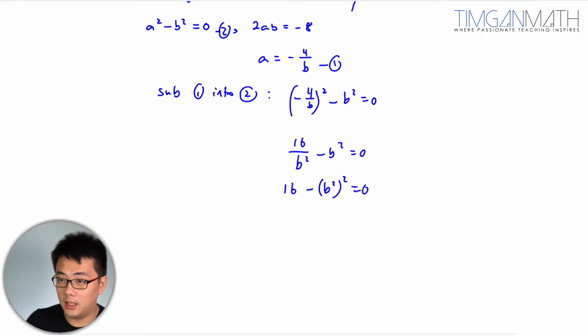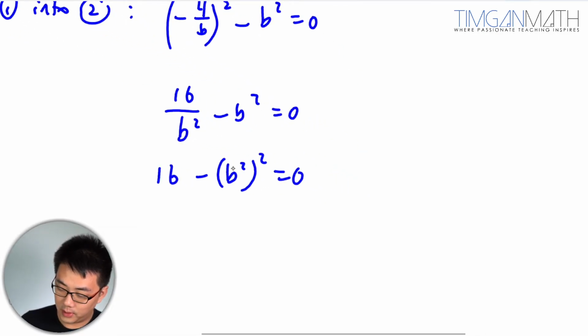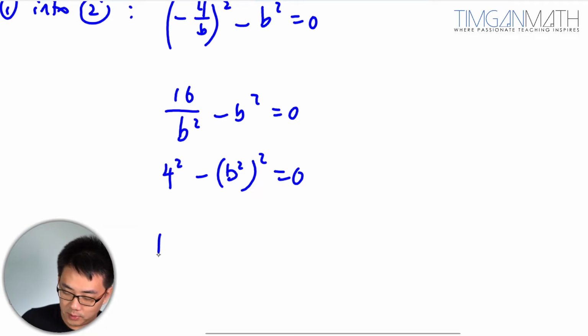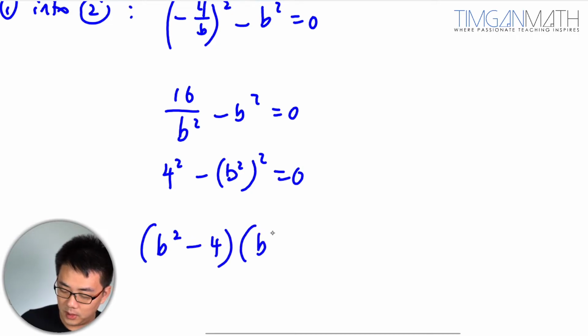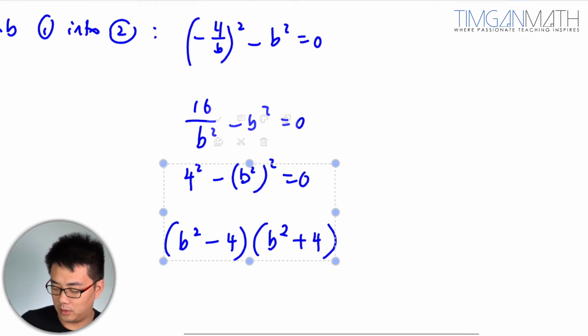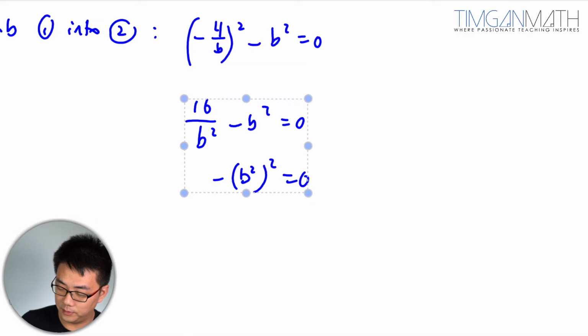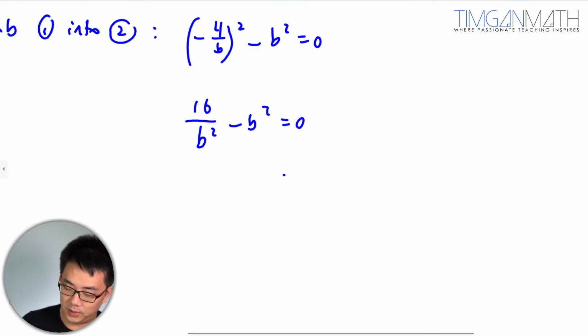This over here will be quite straightforward. I think we can use the difference of squares. So this is 4 squared here. Maybe I should just put this to the other side.